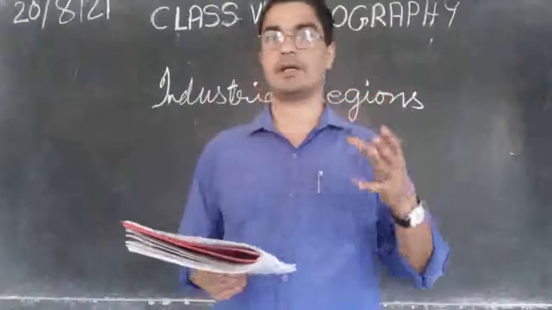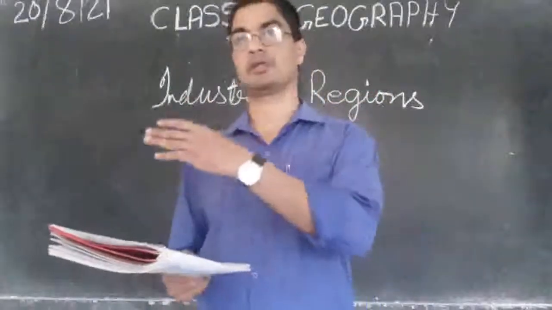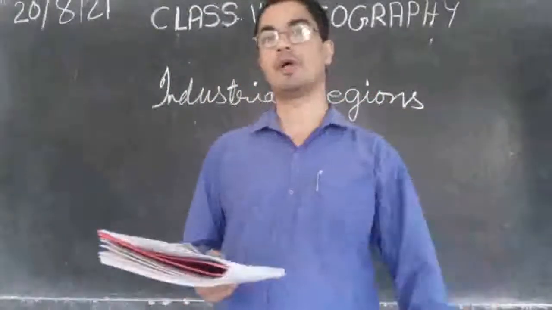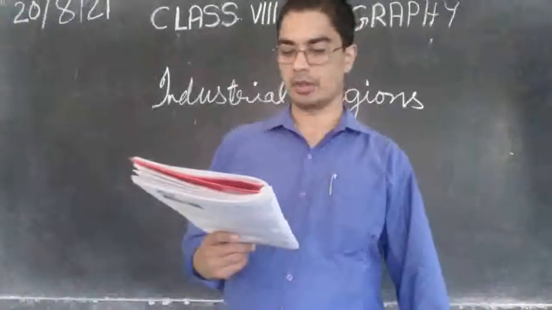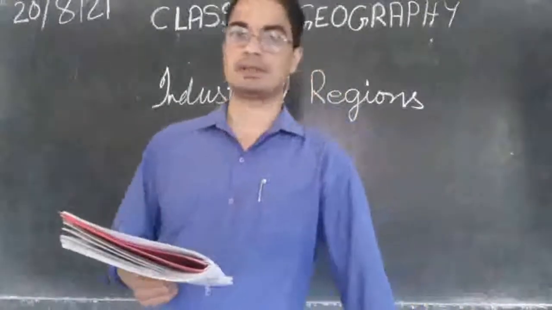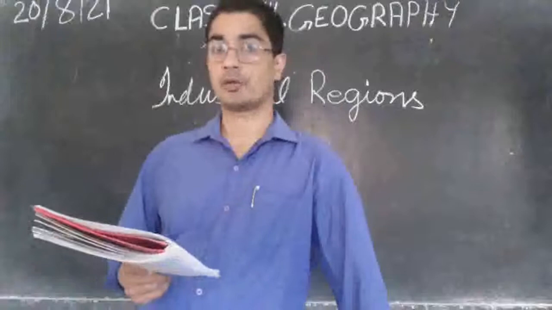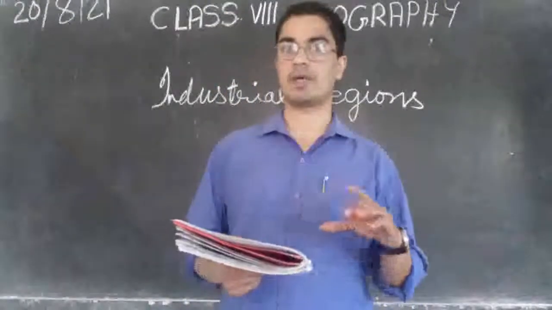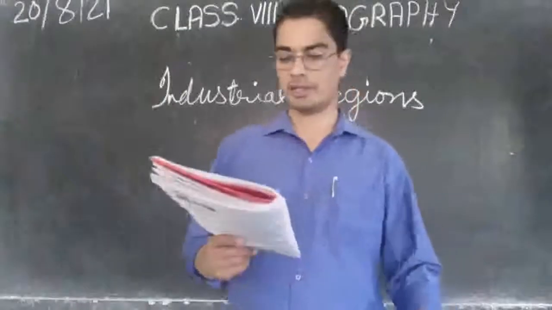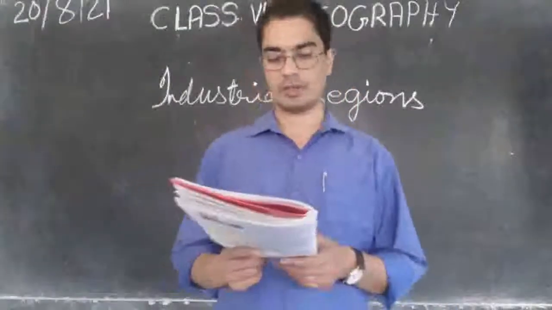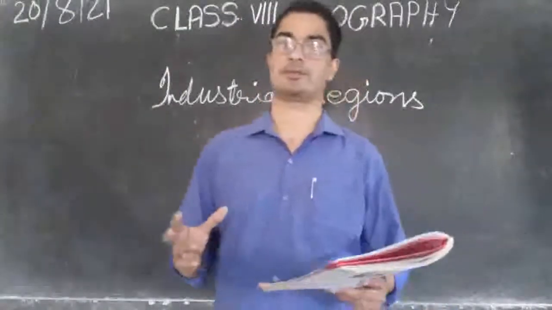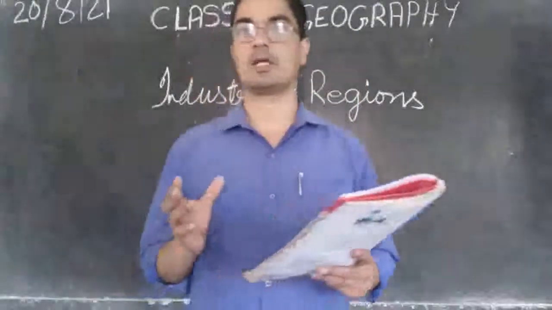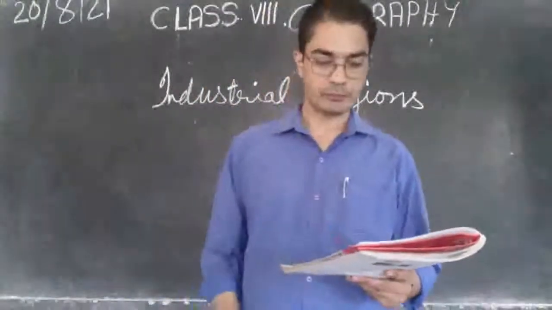Gurgaon is in Haryana. In that line also a lot of industries are set up. And another place is between Kollam and Trivandrum, that is in Kerala. So these are the places where industries are located in India.